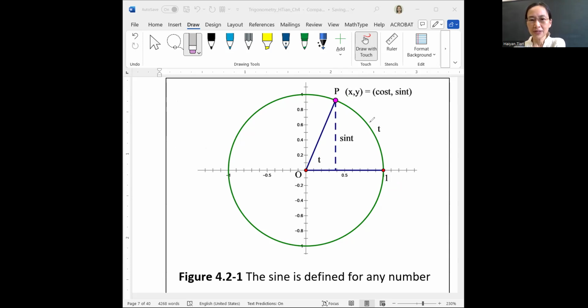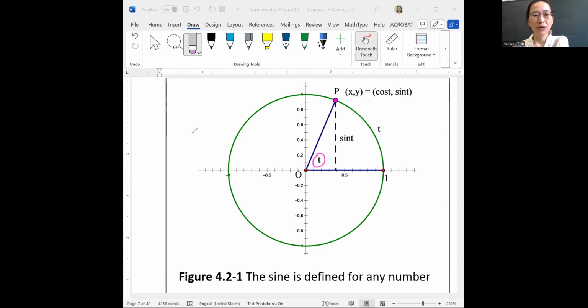On the unit circle, the intercepted arc by the angle of t radians will have the same value. So if the angle is t radians, the intercepted arc will be t. So t is just a number. We can consider t as any real number.